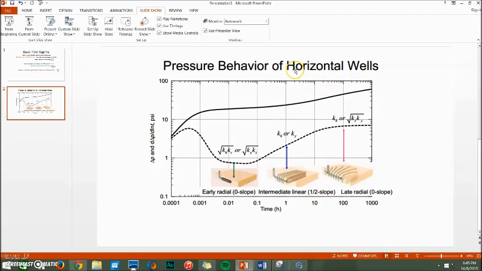Pressure behavior of horizontal well: this is early radial slope, this is intermediate linear, this is late linear. If you see each of these three parts, each one has its own formula. So when you see the pressure behavior of a horizontal well, you should know that there are three different stages and three different formulas to be used.